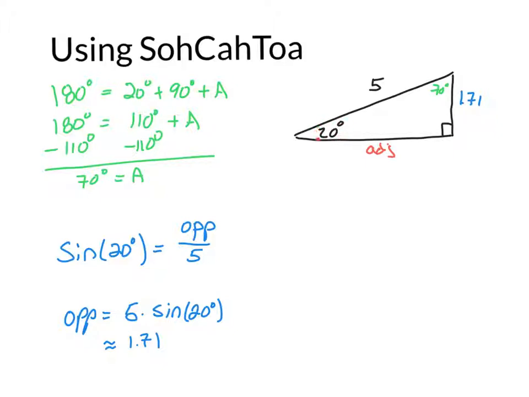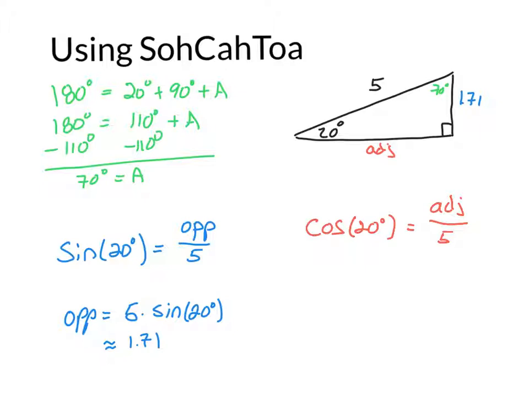So using CAH here, cosine of 20 degrees is the adjacent side divided by the hypotenuse. So cosine of 20 degrees is equal to my adjacent side, which is what I want to figure out, divided by my hypotenuse, which is 5.